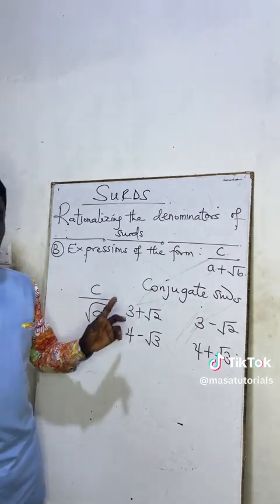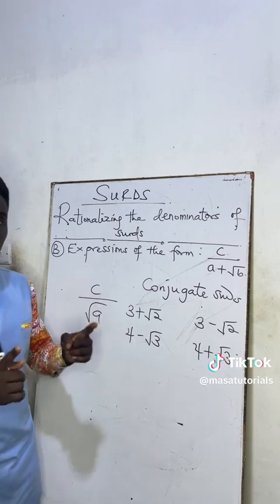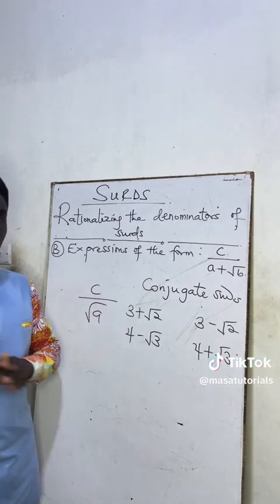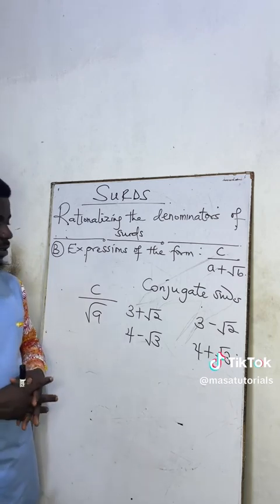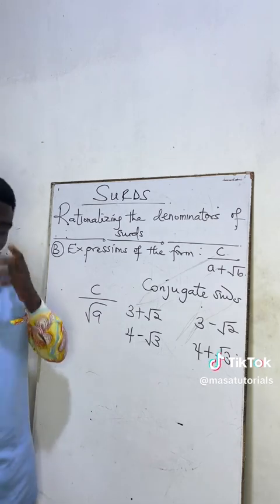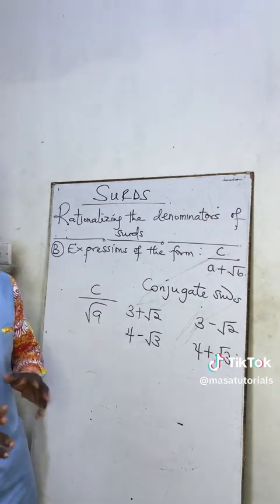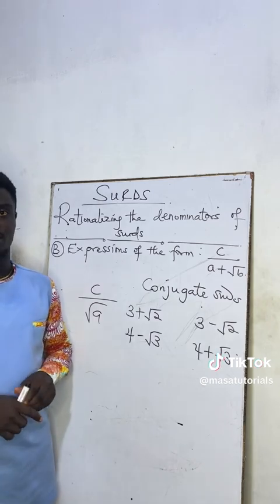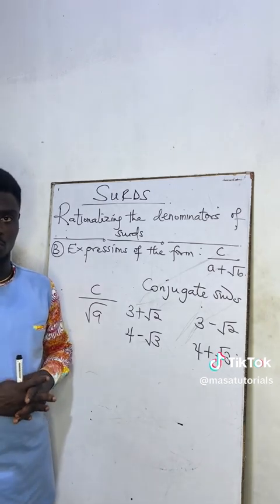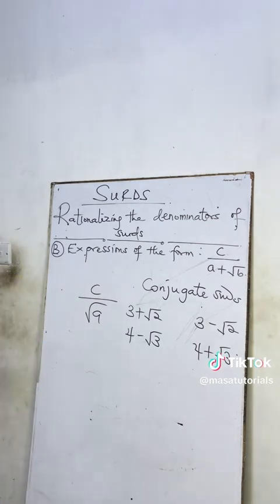The product of two conjugate surds will always result in a rational number. So we'll be solving 5 questions here, then we'll proceed to the next aspect. So let's go.